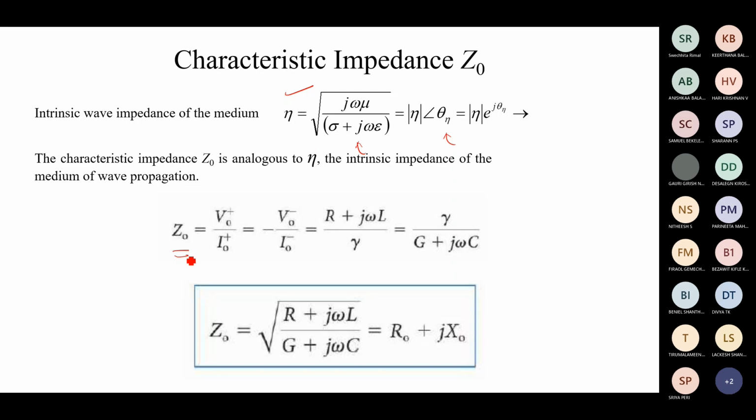So the wave impedance for the transmission line, we can simply state in two possible ways: the incident voltage divided by the incident current, and the same thing for the minus wave, because it is traveling in the opposite direction, where the voltage for the negative side as well. So this is supposed to be substituted.